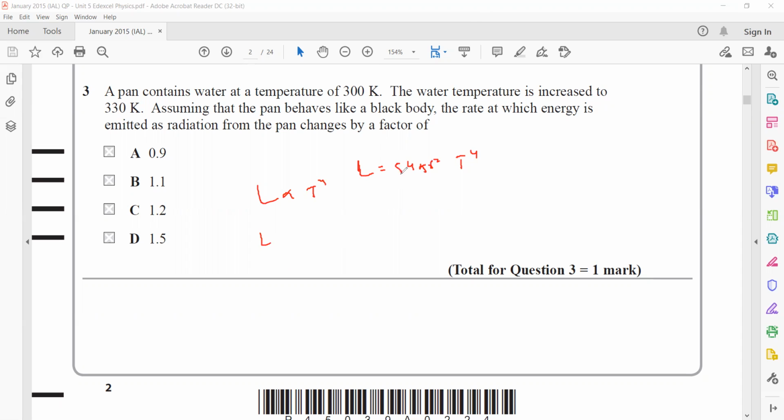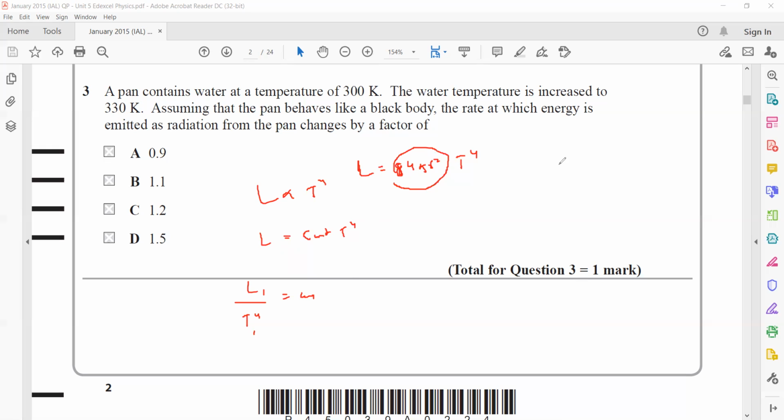Here Stefan-Boltzmann law is there, so sigma is also there. Because it is the same object and all these are constants, we can simply say L is equal to constant times T raised to power 4, or L over T raised to power 4 is equal to a constant.